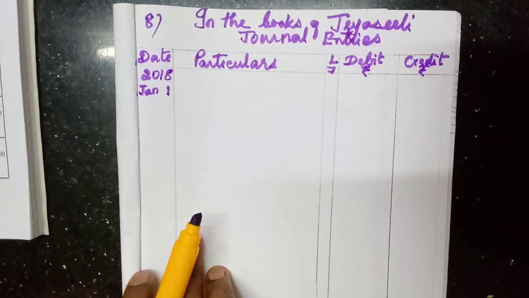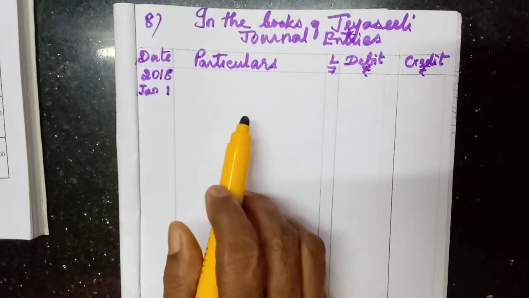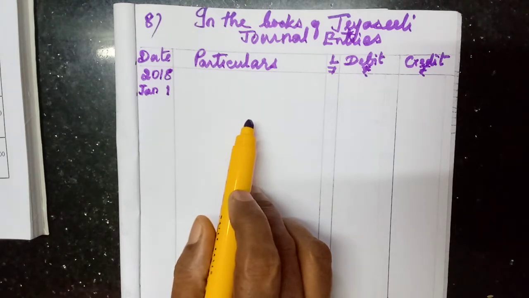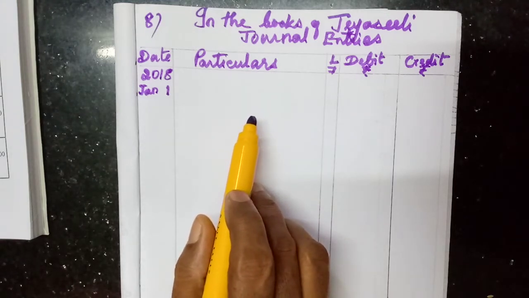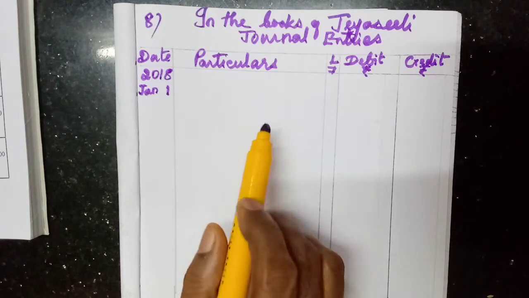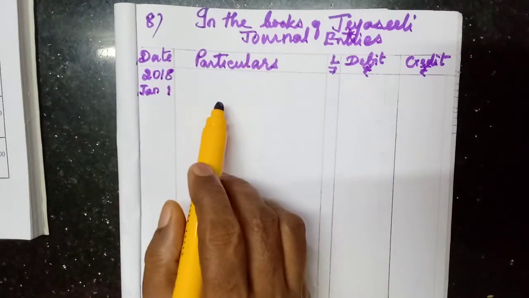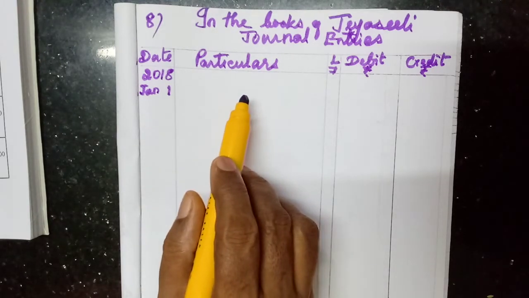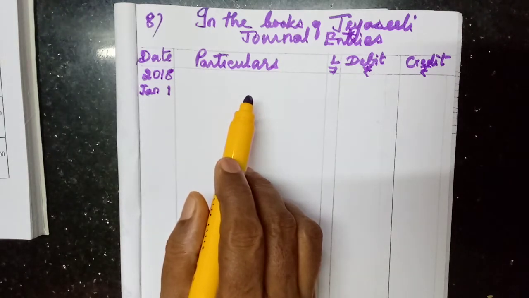This one already you know, it will increase the cash and increase the capital as we saw in the accounting equation, isn't it? So that cash, here it is journal entry. Here we cannot write the plus minus, no need, but we need to prepare the journal entries. Here which one should be debited, which one should be credited. So we know that two accounts, one cash, another one capital.